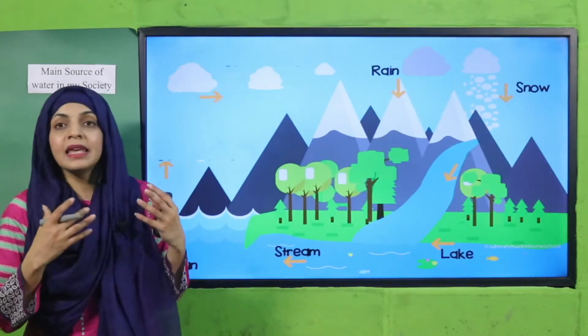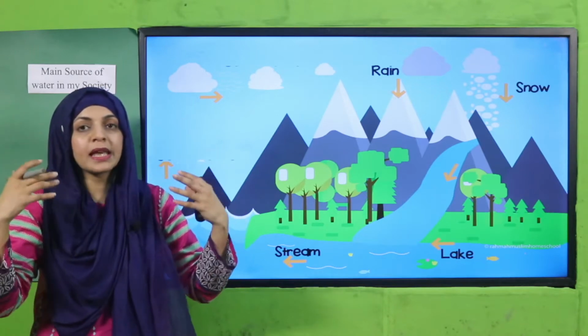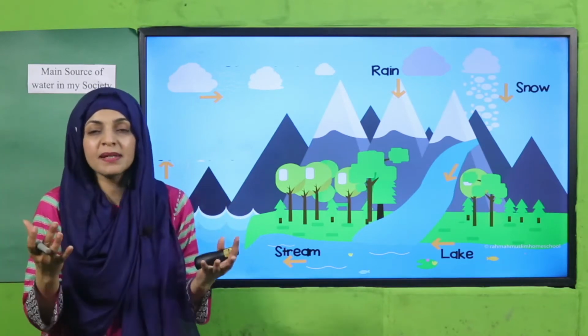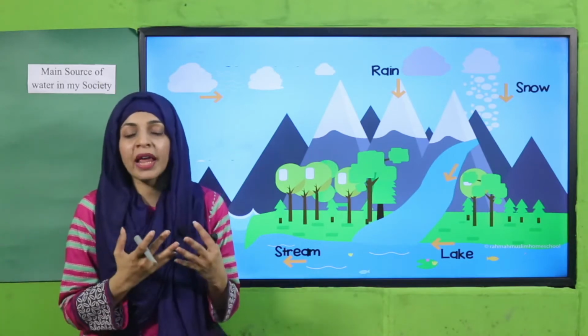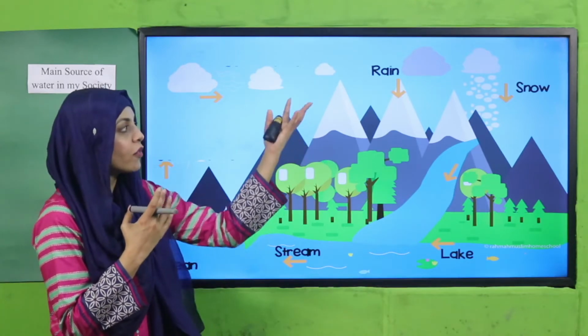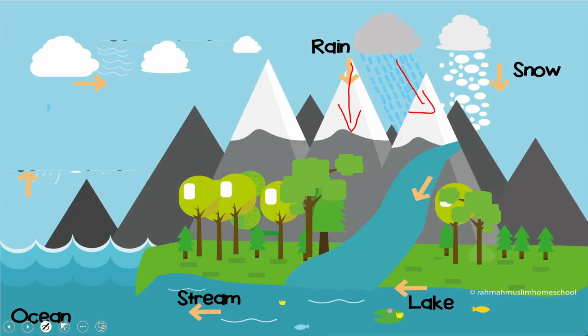पानी जो है ये बारिश से और बर्फ बरसने से यानी कि स्नोफॉल से आपको मिलता है. Whenever it rains or the snow falls on the mountains, so what happens?